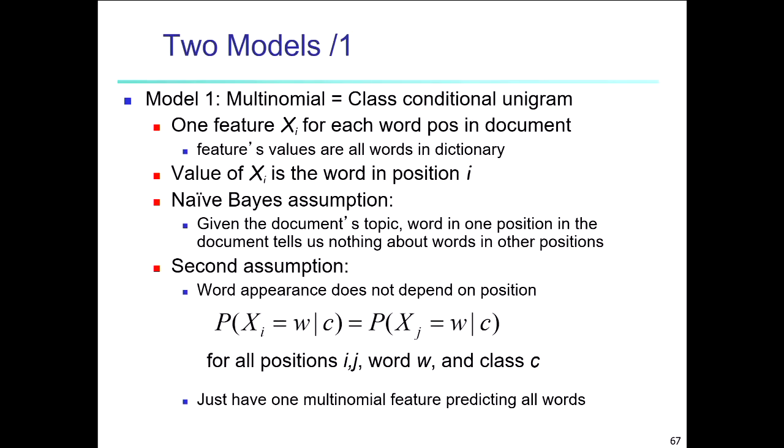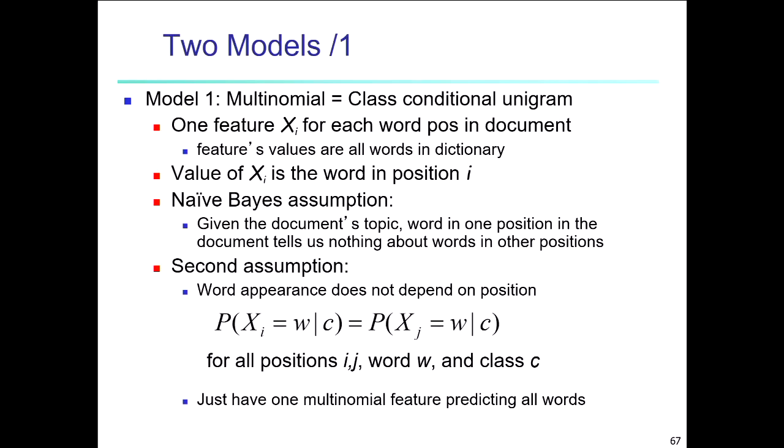And for the Bernoulli model, each feature corresponds to a distinct word. So if the word appears multiple times, then the multinomial model will record the number of times that this word appears, while the Bernoulli model will only record a 1. So it will ignore the multiple times that a word appears.